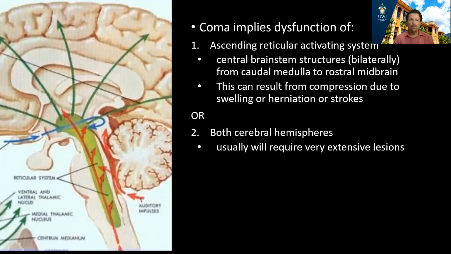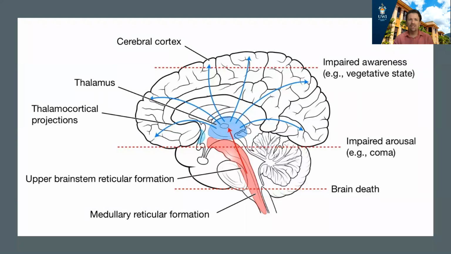Less common would be damage to the cerebral hemispheres. But for this to produce a coma, you'd have to have a very extensive lesion that's affecting large areas of the cerebral hemispheres. And this often does not occur all at once. So you can see that on this diagram here.